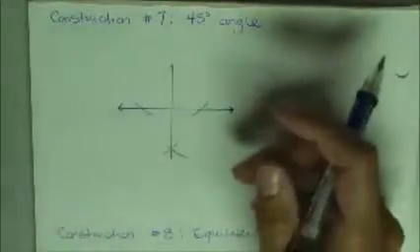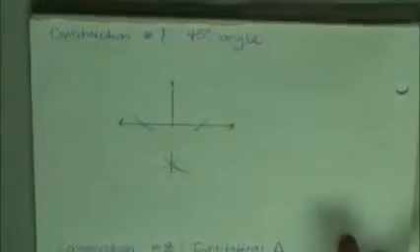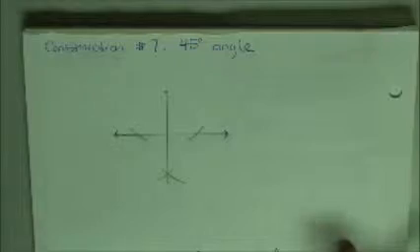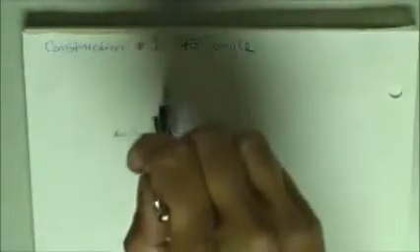Now I'm going to bisect one of these angles. These are all 90, so if I do an angle bisector, I'll have 45 degrees. We should hopefully remember how to do a bisector, but in case we don't, let's review. I'm first going to draw new eyebrow markings on my angle.